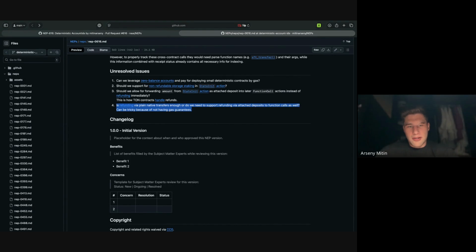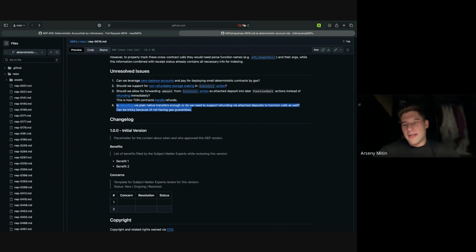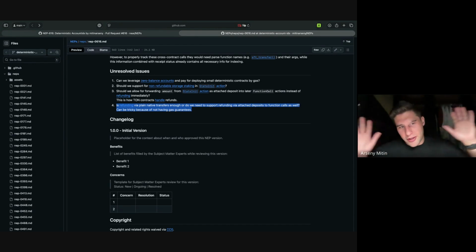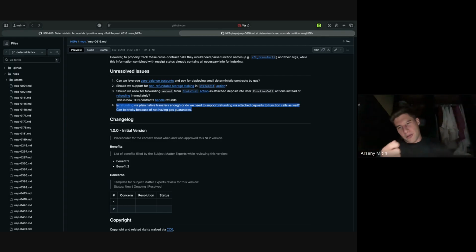Forwarding amount from state init action as attached deposit into later function calls instead of refunding this immediately. This happens. For example, I'm initializing the SFT wallet contract of the receiver, and let's say we don't have zero balance accounts, and I'm putting 0.5 NEAR there, and then it turns out that it's already deployed. But what if the function call that happens after it, like receive, then notifies the receiver?